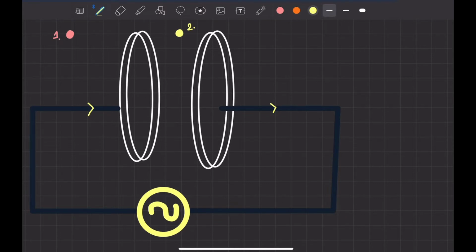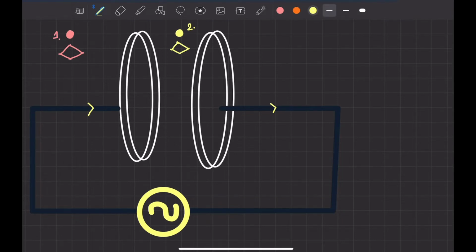But interestingly, what happens is that when you place a tiny magnet over here and a tiny magnet at point 2, the deflection will be almost the same.